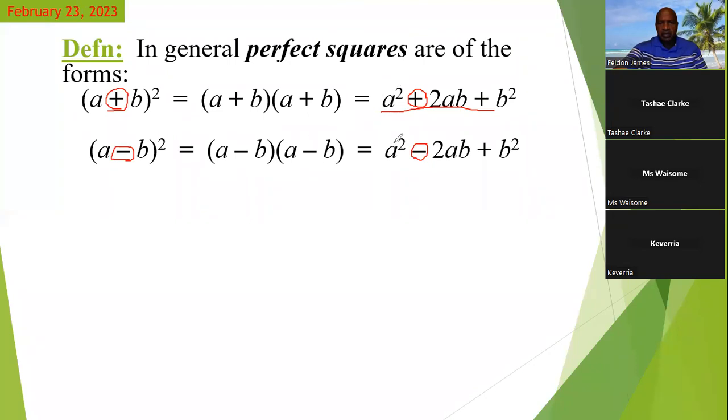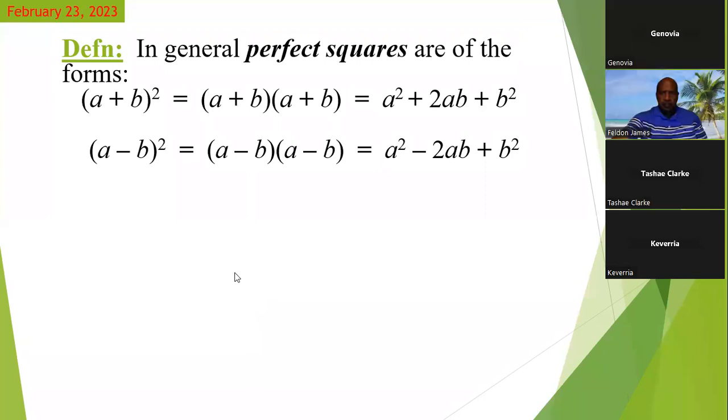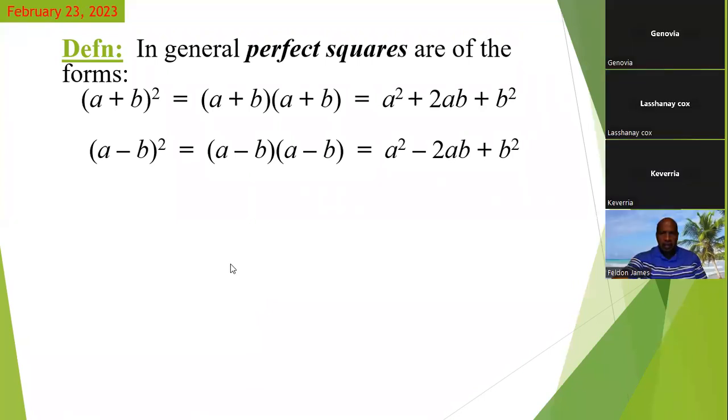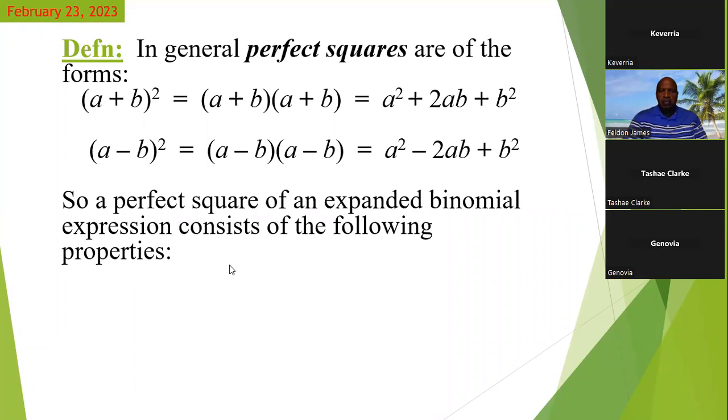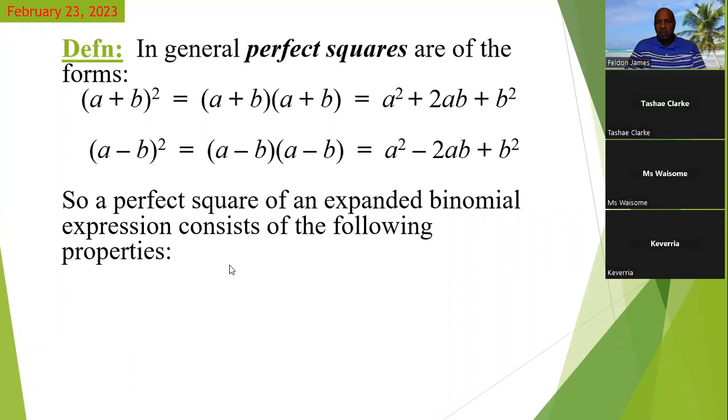So you have the A square, and you have the 2AB, and then you have the B square. Everybody is clear on that, guys? Let me see your hands. All right, good. Now, what is important about this? We have to be able to know when we have a perfect square.